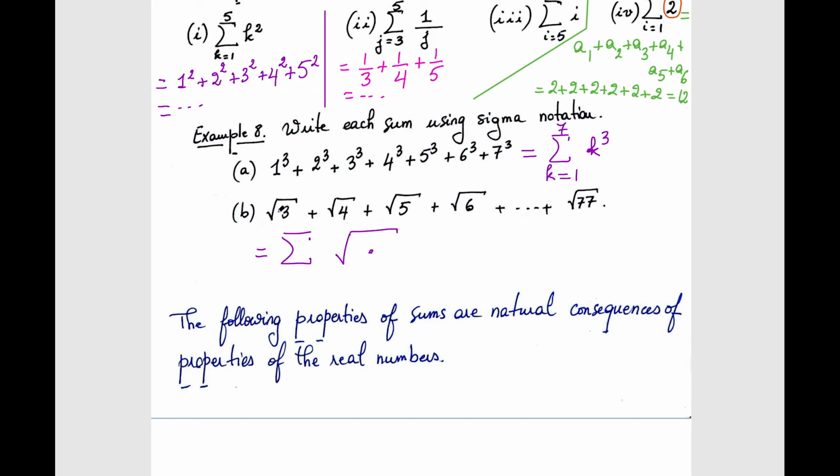It's a natural number between 3 and 77, correct? So it's a summation of terms that look like the square root of k, where k goes from 3 all the way to 77. Make sense? So that radicand ranges from 3 all the way to 77.